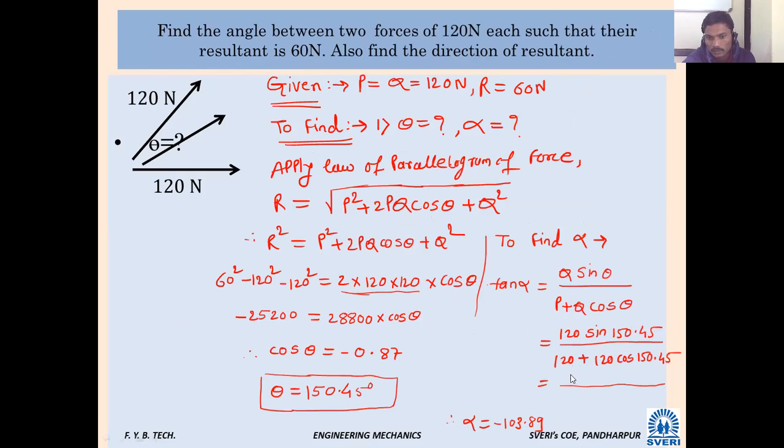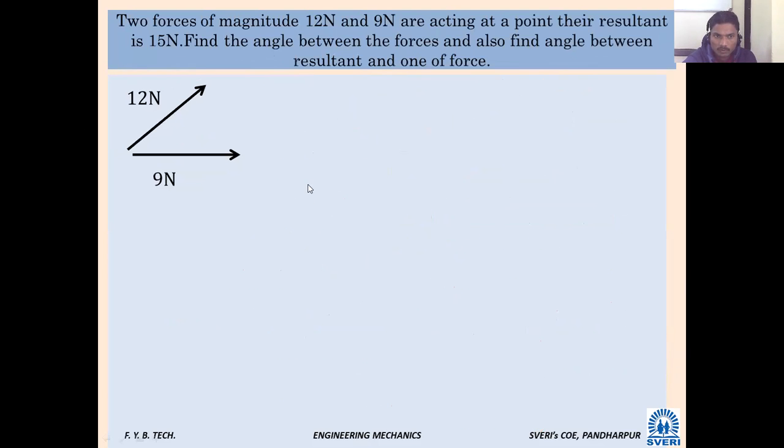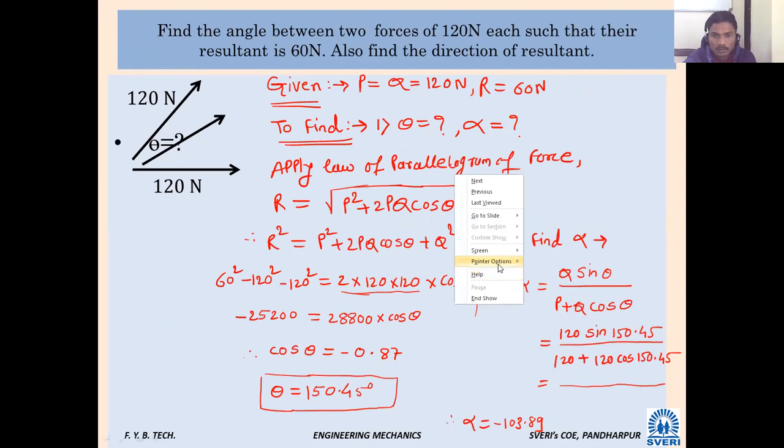Tell me the value of the numerator here. 59.80. What is the denominator? The numerator is 59.80. Okay.